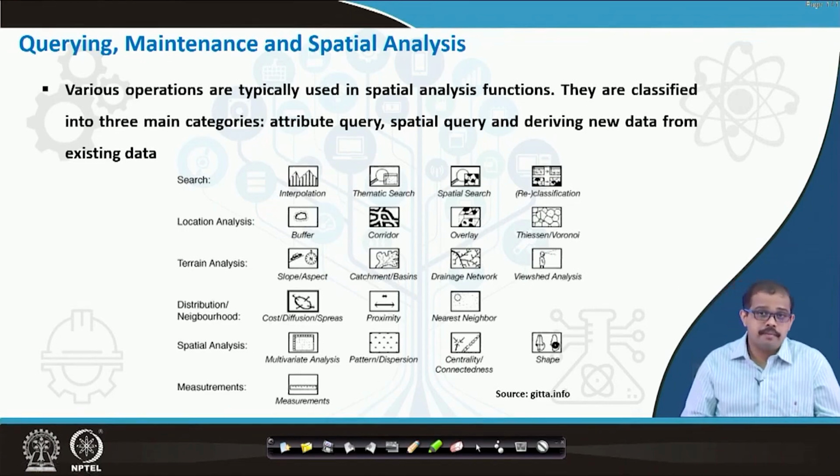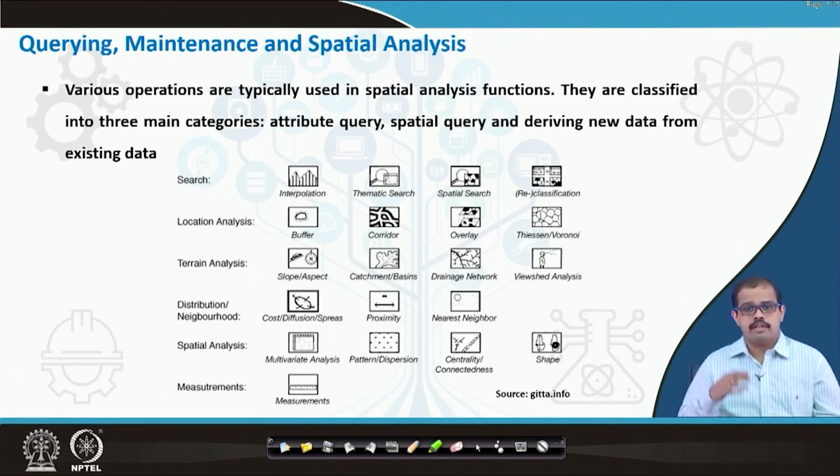The nearest neighbor analysis can also be made: if there are a huge number of parcels around and you want to find out, for a particular parcel, which is the nearest neighbor, such analysis can be made much more easily by just a small query. Then there is the measurements query, wherein you can measure a certain region.